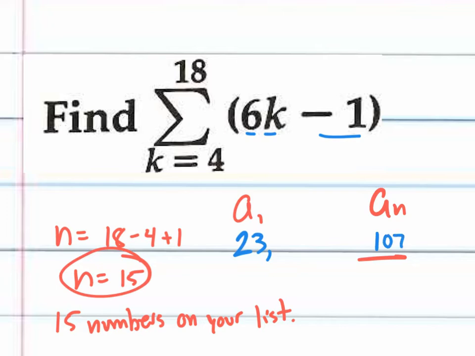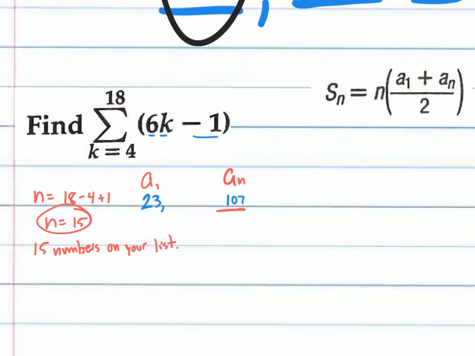So on this list, that did not start by plugging in 1, it started by plugging in 4. When we plug in 4, that actually gave us our first number on the list. And by plugging in 18, it gave us the last number on the list, right? So now that we have that first number and that last number, and now that we know that there's 15 numbers on the list, not 18, 15, because we didn't start at 1, now we could actually use the summation formula.